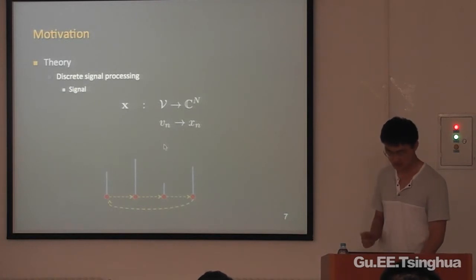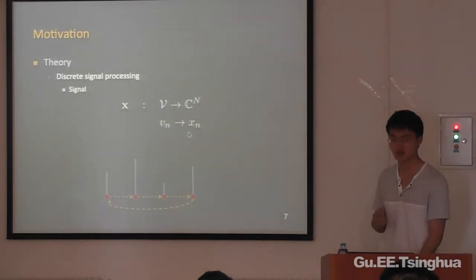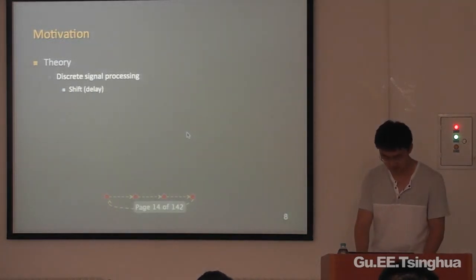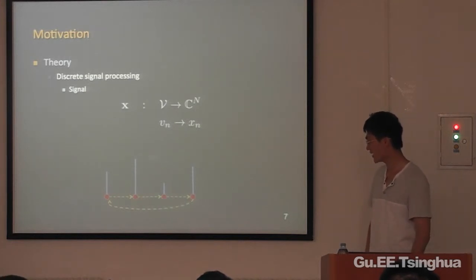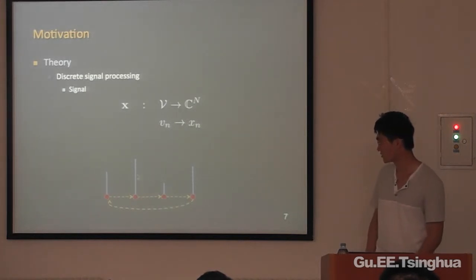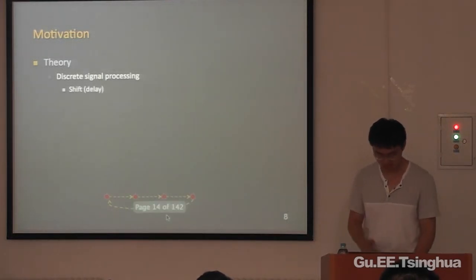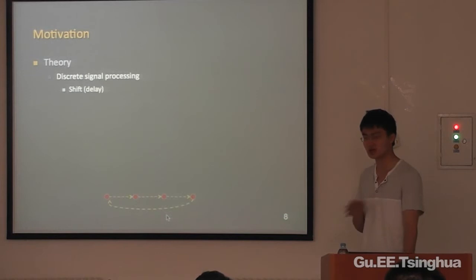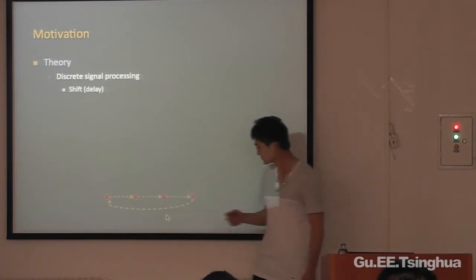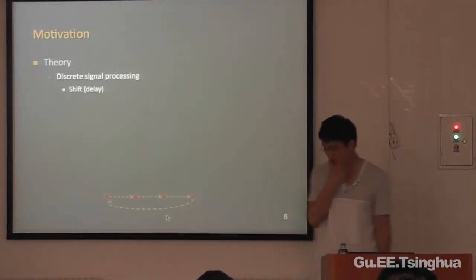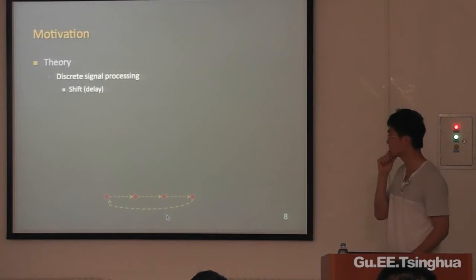In other words, for each time step there is some value associated with it. And if we ignore all the values and just look at those time steps, we can abstract them. We ignore the concept of time and just think of them as vertices or nodes.